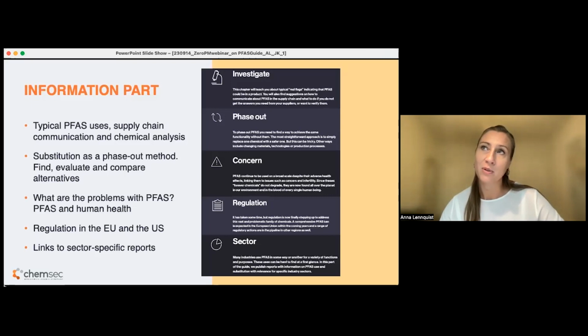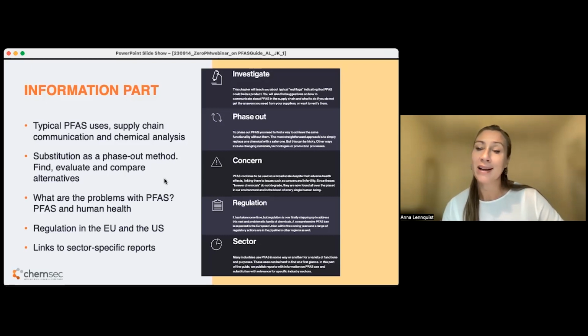They can also be about transparency, so having reporting obligations to report that you have PFAS in your products. This is also where the guide can be useful. But at least you get a brief overview, and you can get some links on where to find more information about regulations in the parts of the world that are of your interest, so to say.